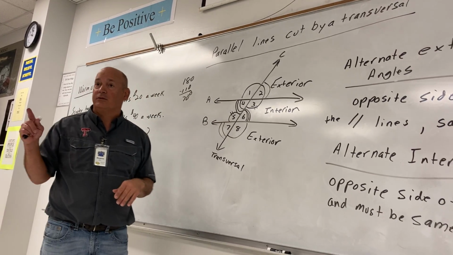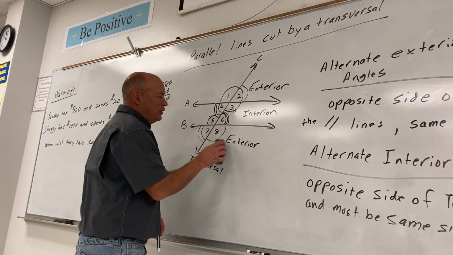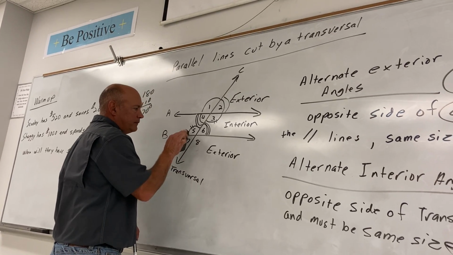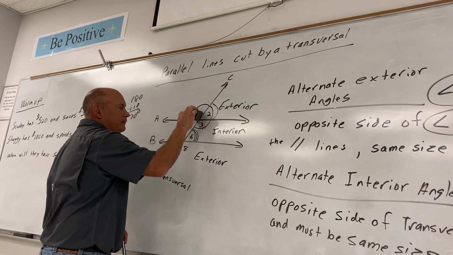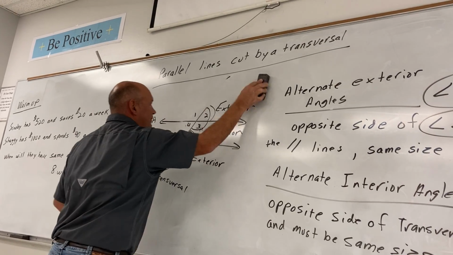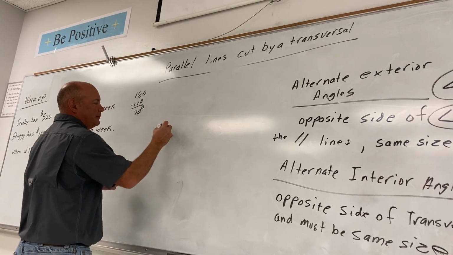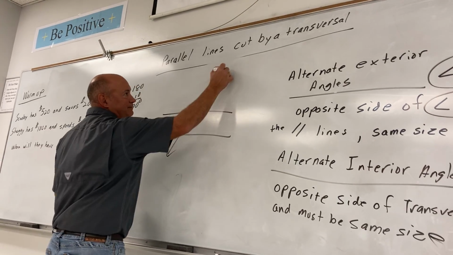Any others? All right, one more definition. Let's talk about corresponding angles. I'm going to take all this stuff off, and let's just draw a new one. It's getting too cluttered. Parallel lines cut by the transversal.